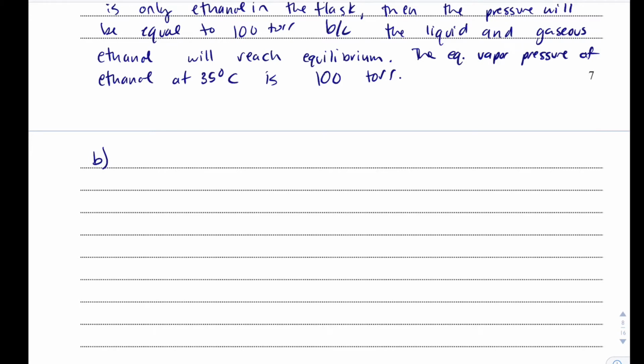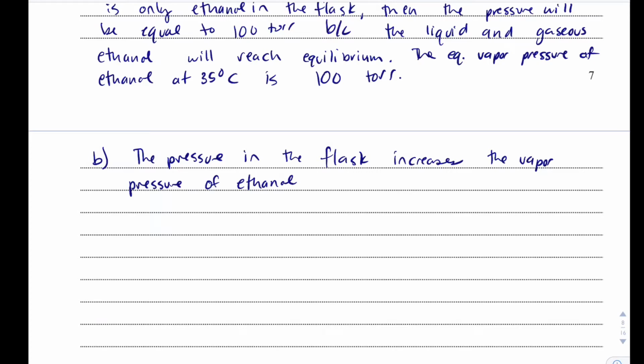So the pressure in the flask increases. There's actually more than 2 reasons, but we just need to provide 2. The vapor pressure of ethanol increases as the temperature increases.